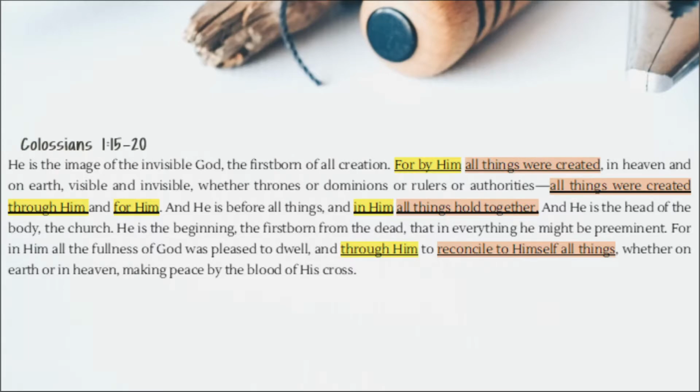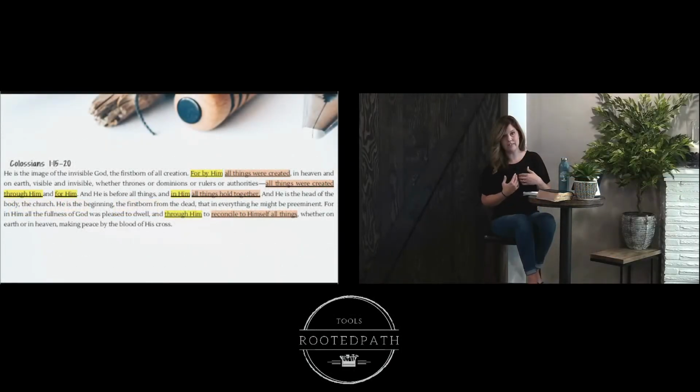Then he's going to reconcile all things back to himself, which is different. He's holding all things together, but you could be saved or unsaved and be held together, because if you're created, you are held together in Christ. But reconciling it back to your heart, that's where you're saved also, right?